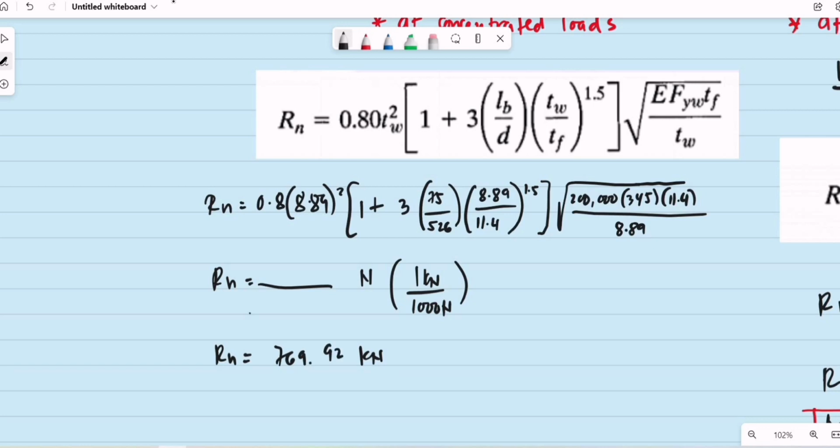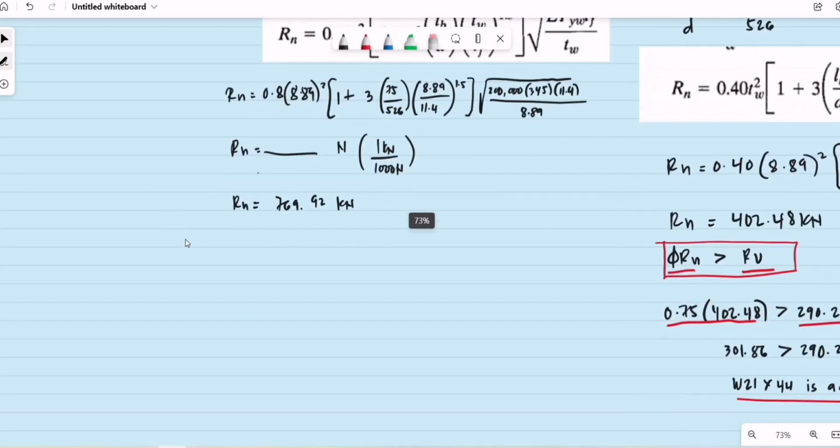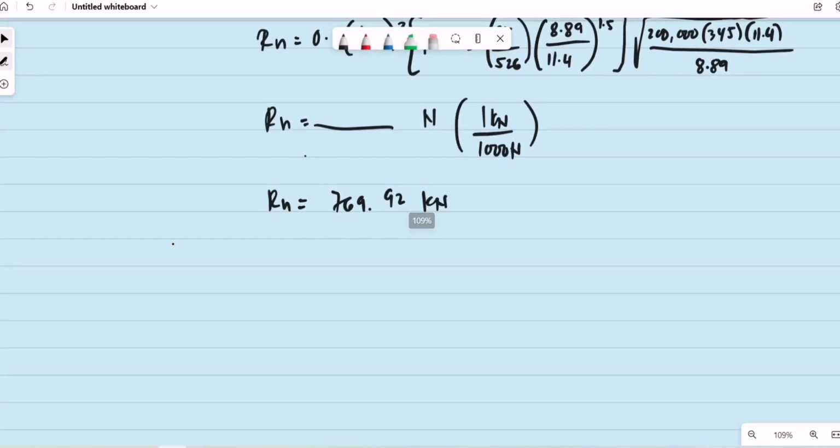So 769.92 kilonewtons. Now we need to compare the capacity, φRn, if it is greater than the ultimate concentrated load, Pu.